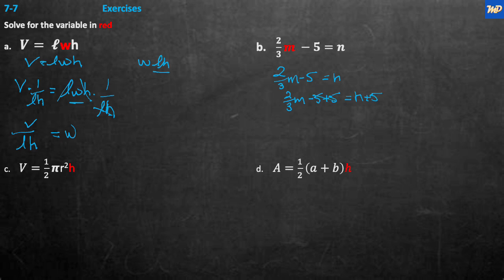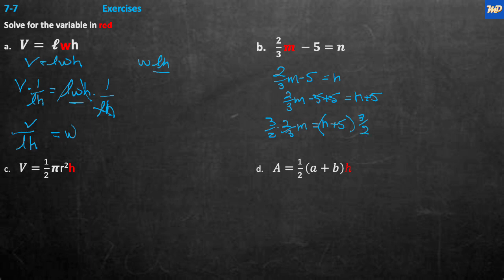Now we've got to get rid of the 2/3, and we're going to do that by multiplying by 3/2, the inverse. So 3/2 times 2/3 M is equal to the quantity N plus 5 times 3 halves.